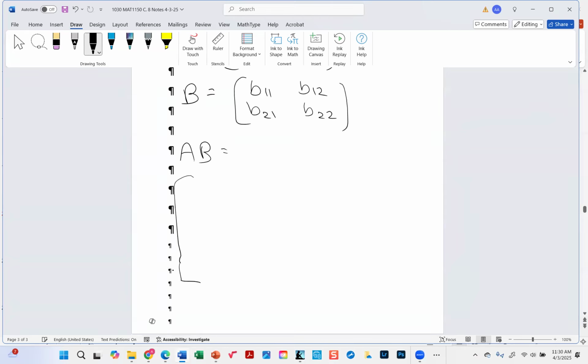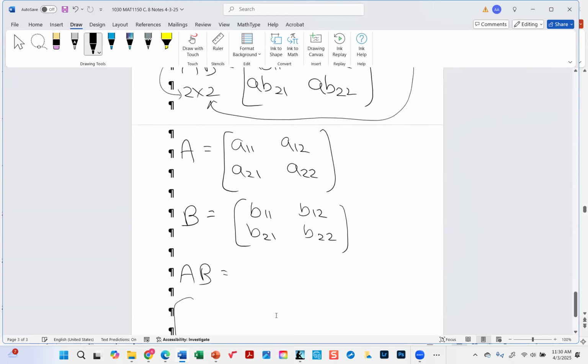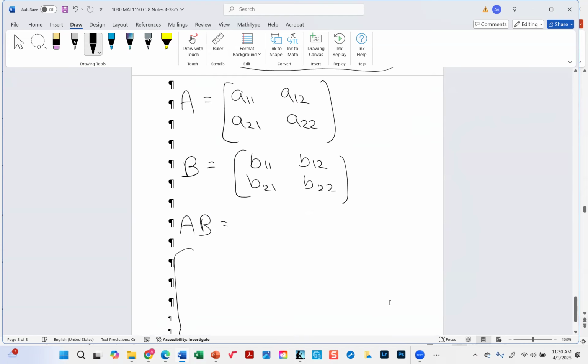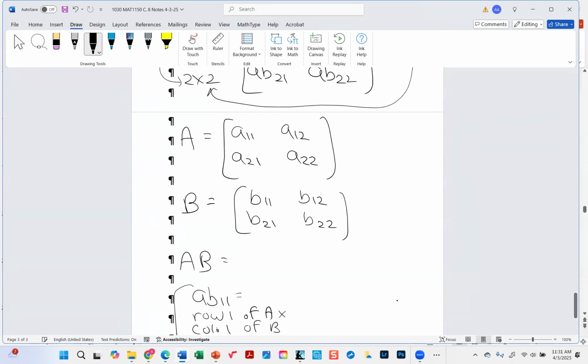Later on, we'll see some really messy cases. So in the upper left-hand corner, because this is AB11, what we're going to do is multiply the first row of A by the first column of matrix B. In other words, I'm taking the first row here and multiplying by this first column.